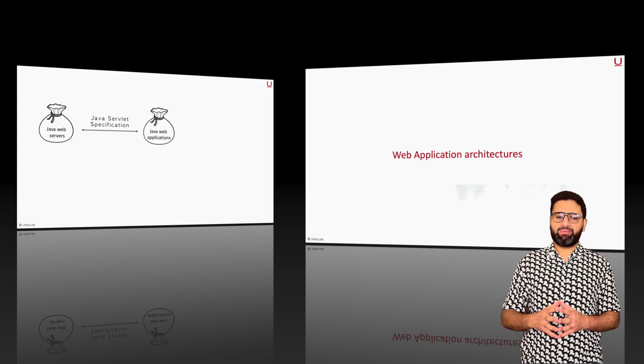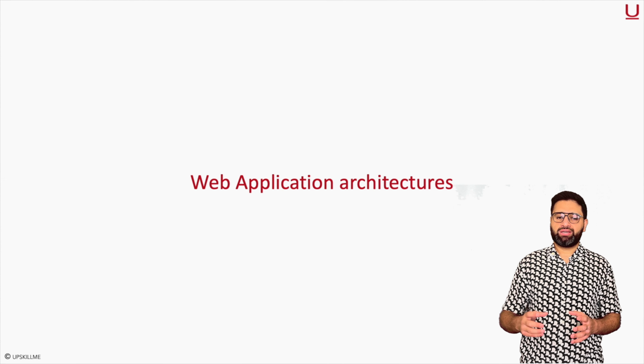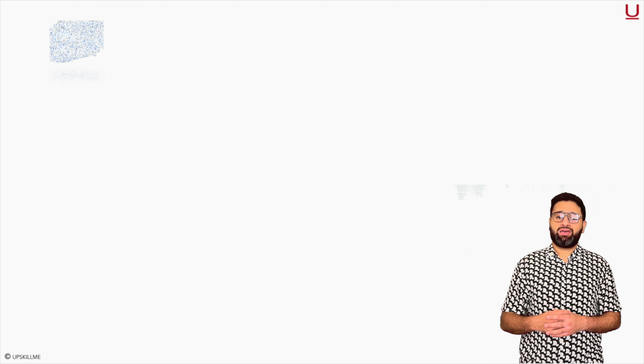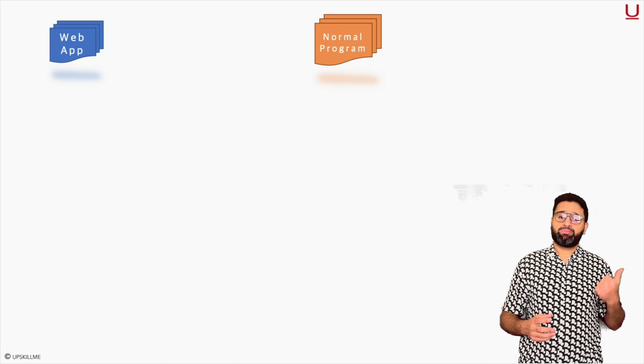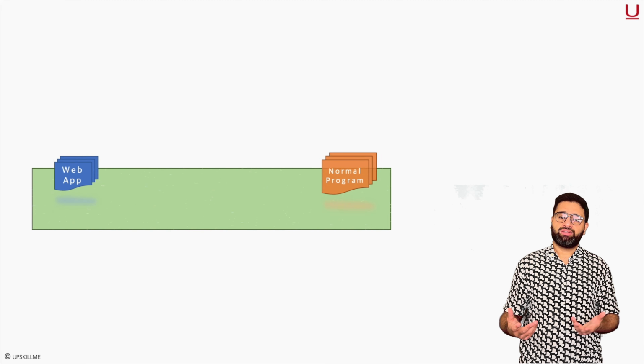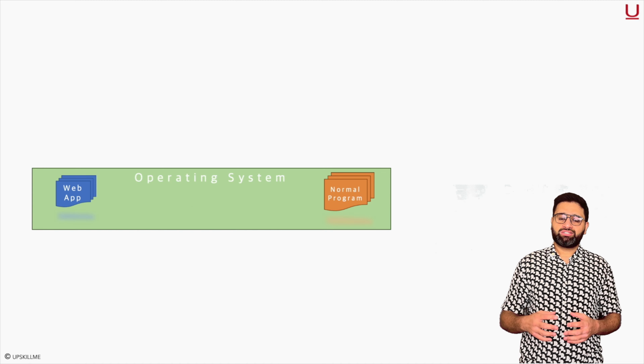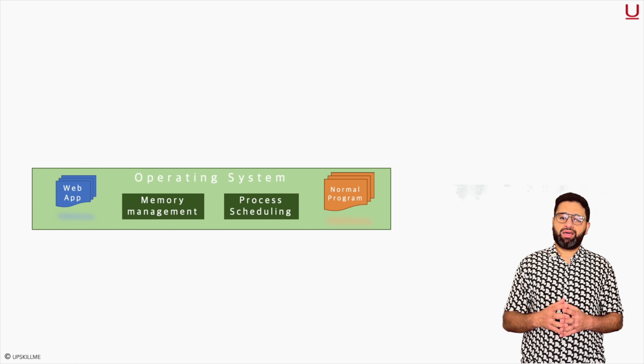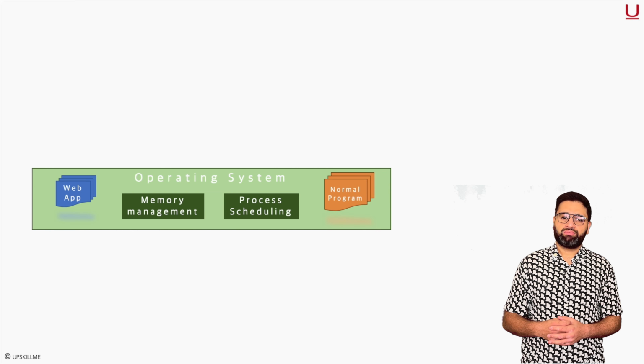Finally, let me talk about different types of web application architecture. First, let us understand what is meant by architecture here. Web applications are like any other program and they are executed the same way. Operating system concepts like process scheduling, memory management apply for web applications as well.